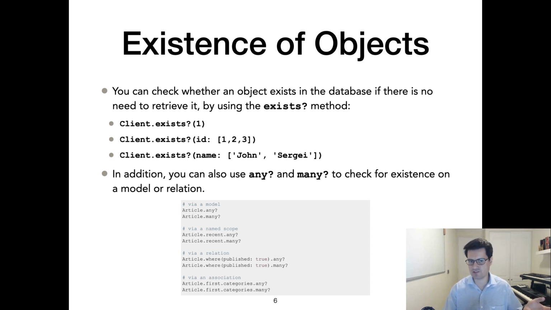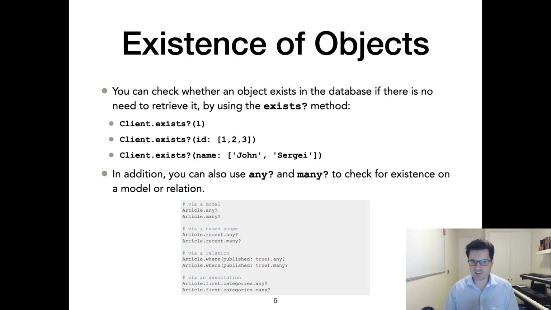You can also pass a list of IDs, or you can even ask for a different attribute, such as a name. In addition to exists?, there are other methods, such as any? and many?, that will tell you whether there's any record. For instance, below you see Article.any?, that will ask whether there are any articles in the articles table, or whether there are many articles instead of just one or none.